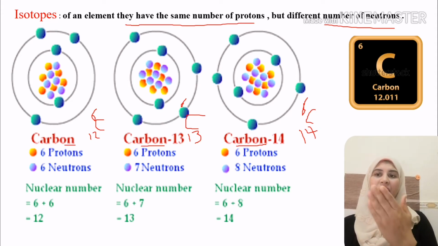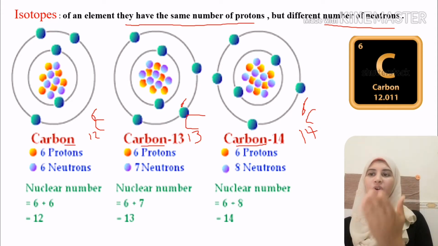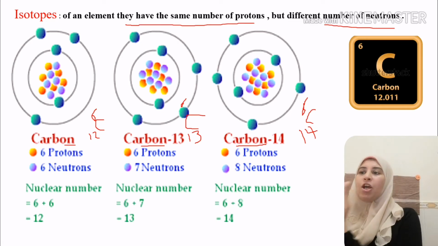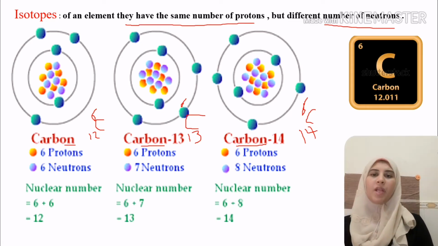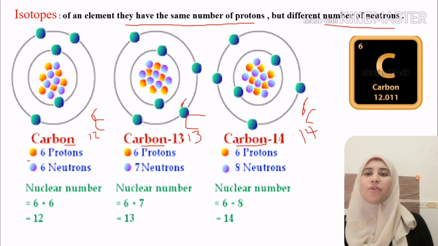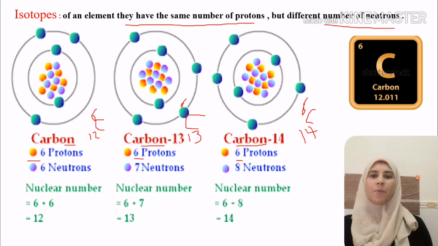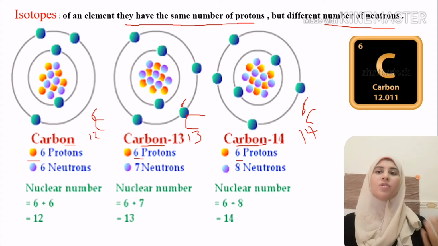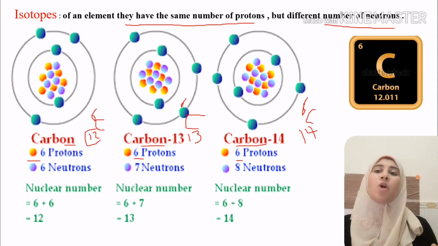We have C-12, we have C-13, we have C-14. Number of protons in the first one is 6. Number of protons in the second one, 6. Number of protons in the third one is 6. Number of neutrons: how can we calculate the number of neutrons? Number of neutrons is atomic mass minus the atomic number.